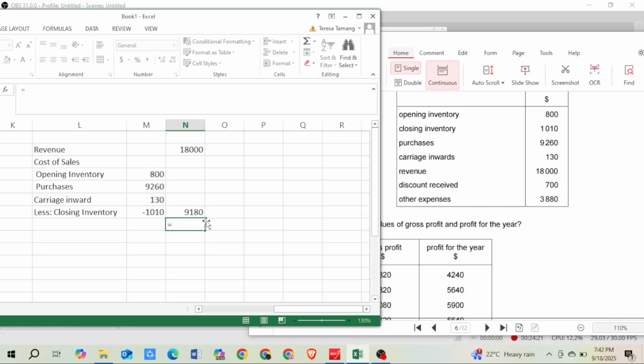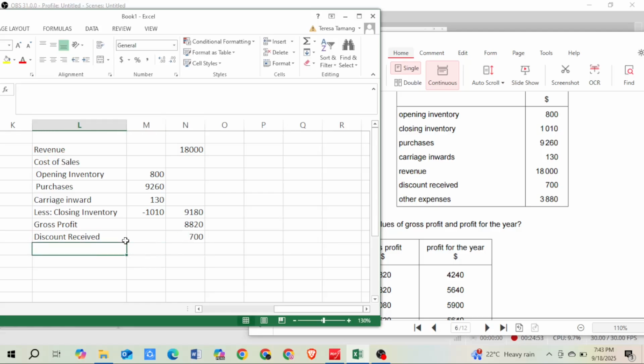So sales minus cost of sales will give us the gross profit. Okay, so gross profit amount is 8,820. In this, we add other income and subtract other expenses to find out profit for the year. So discount received amount is 700, so we add that.